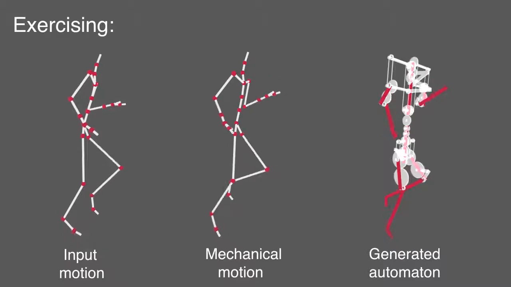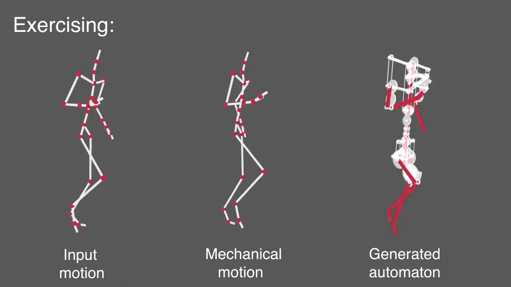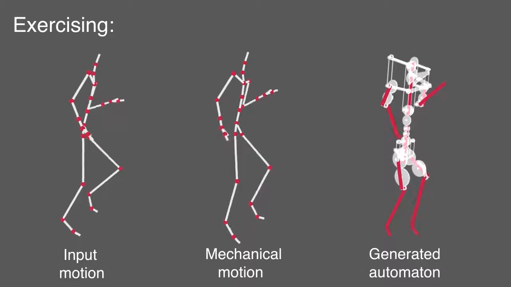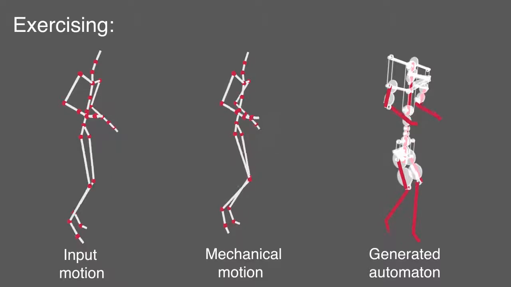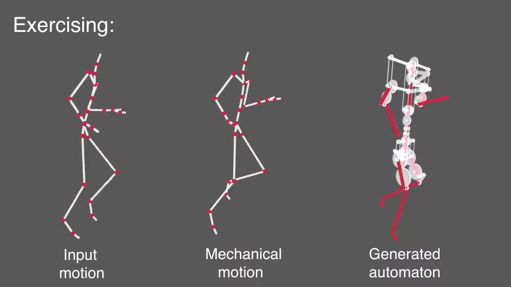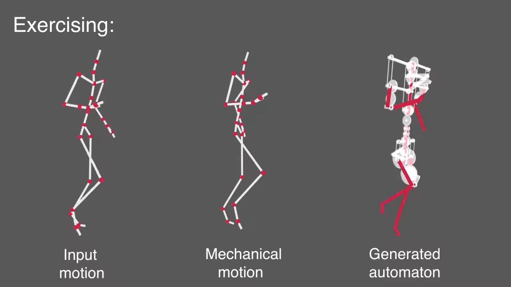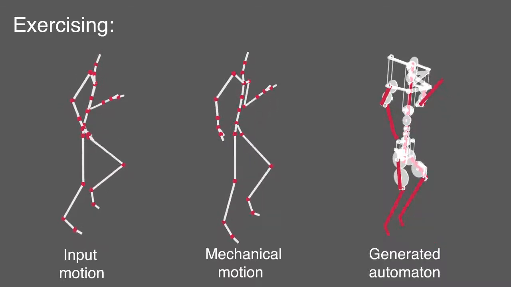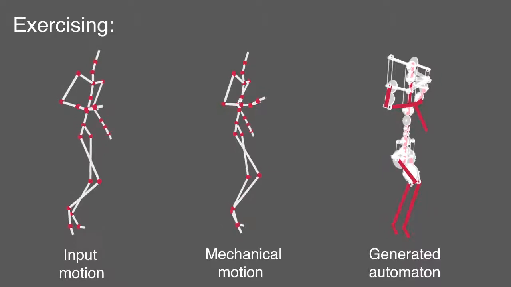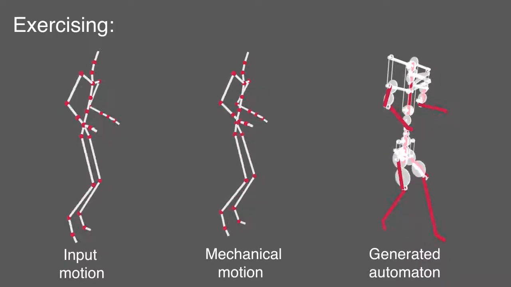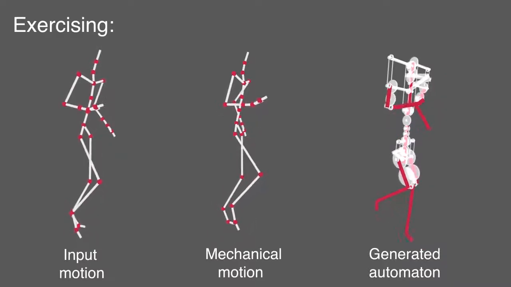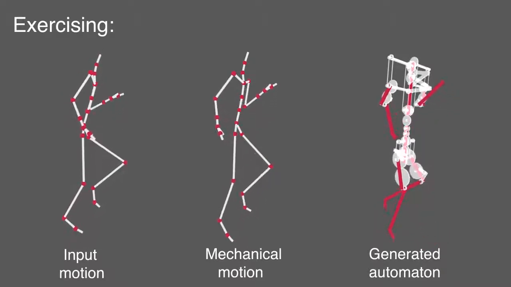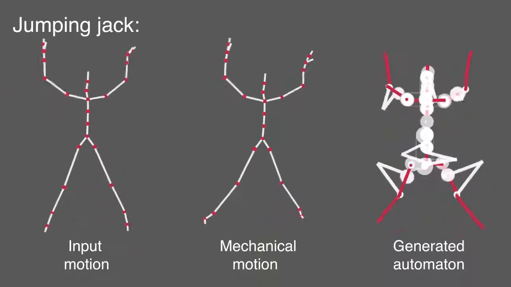Here we show some examples of generated automata from various human motions obtained from the CMU motion capture database. Here is an exercising sequence. Here is a jumping jack sequence.